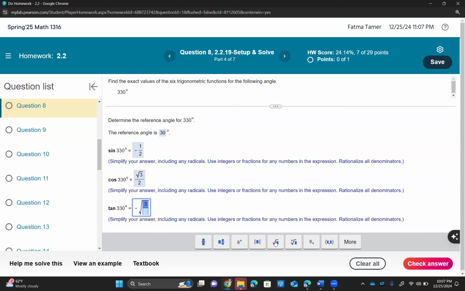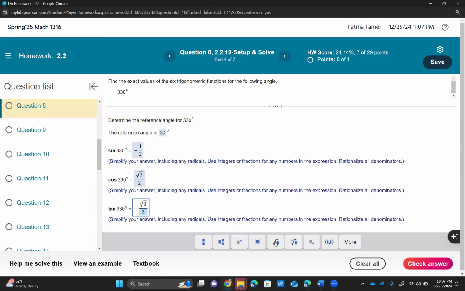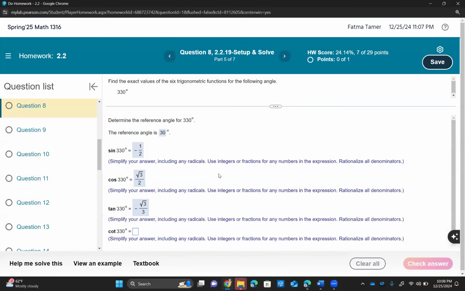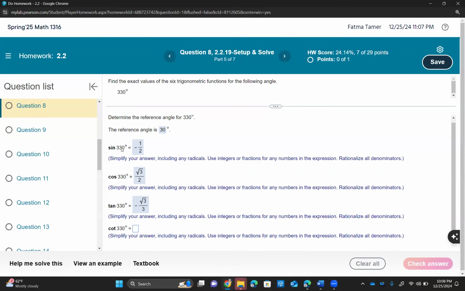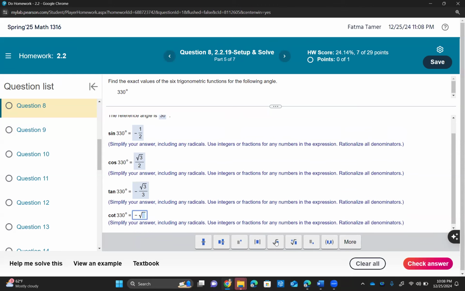But I have to make sure that when I put negative root 3, I put a space and divide it by 3. That's what the tangent will be. Cotangent is cosine over sine, so when I create a ratio between these two numbers, I will just get negative root 3.